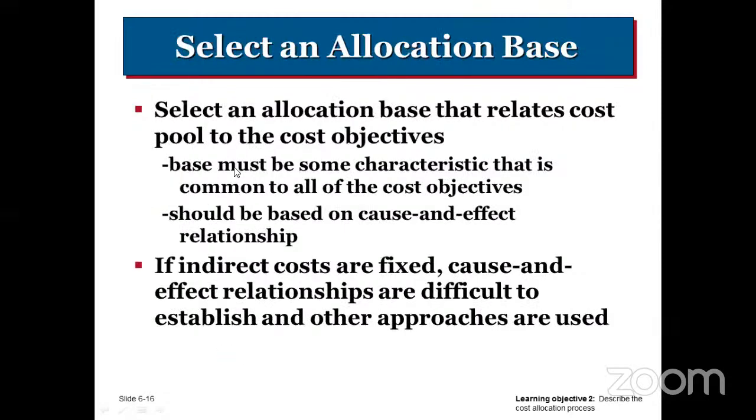Select an allocation base. Just now I already explained: the allocation base can be machine hours or labor hours, whichever you would like to use. Select an allocation base that relates the cost pool to the cost objective. That means how you want to allocate the cost. The base must have some characteristic that is common to all of the cost objectives.